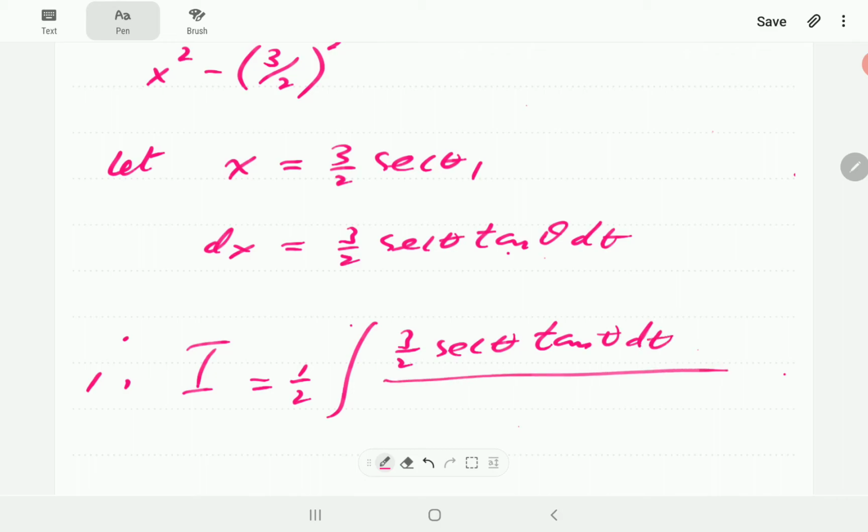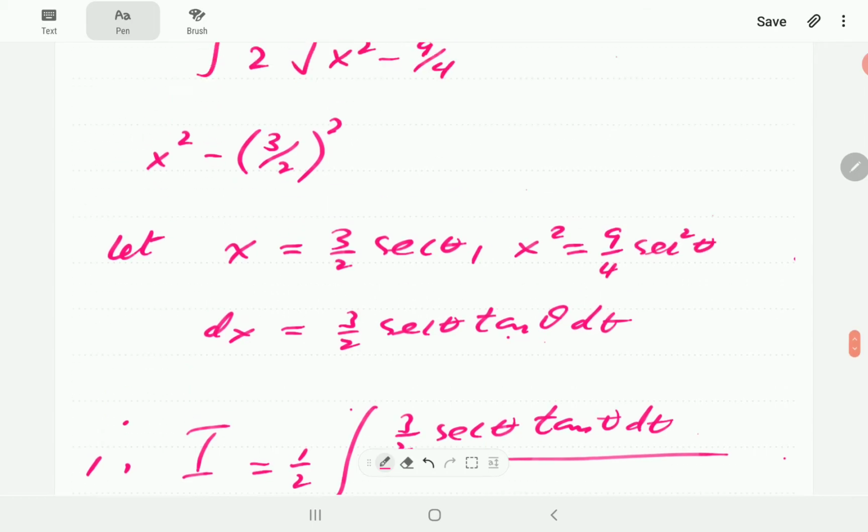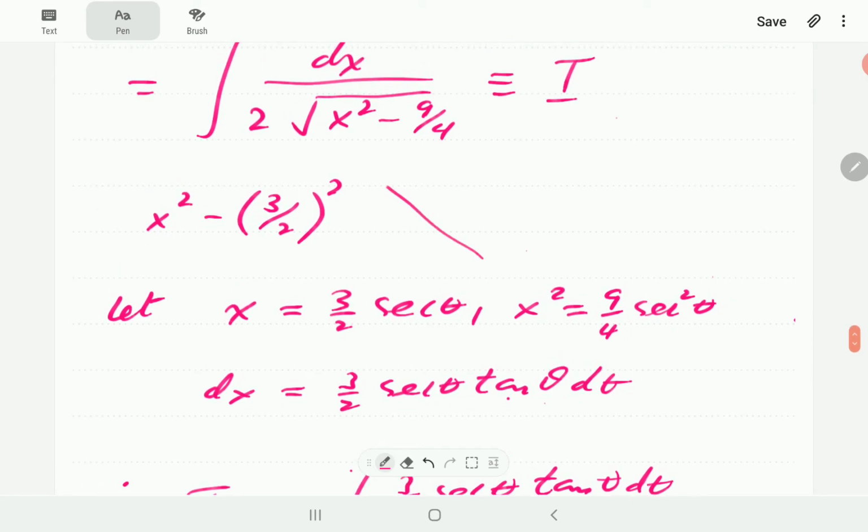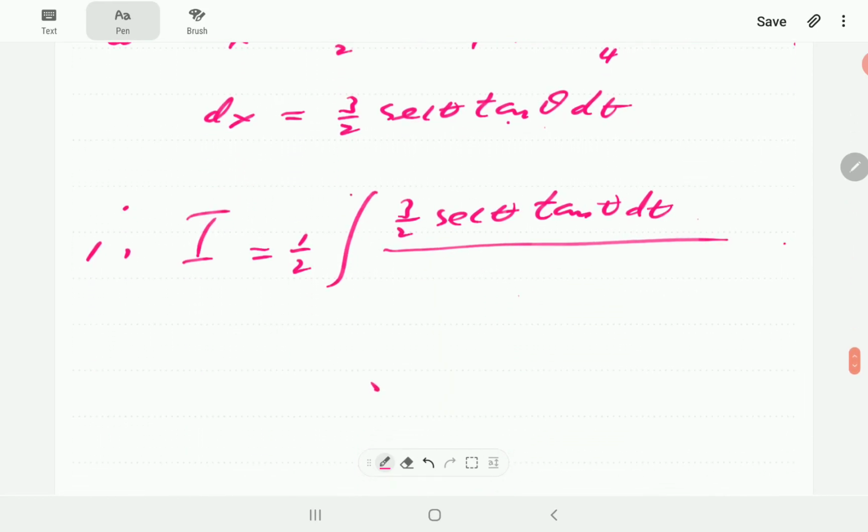Then maybe we can do x squared here. x squared is going to be 9 over 4 secant squared theta, so we're going to plug this in here. So that is going to be the square root of 9 over 4 secant squared theta minus 9 over 4.